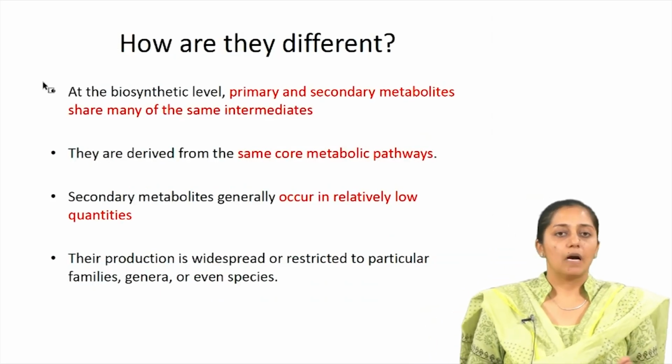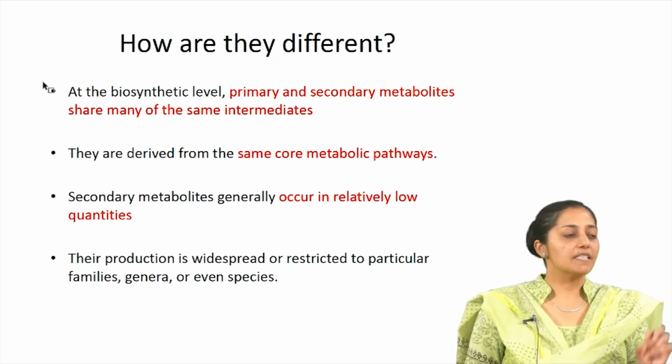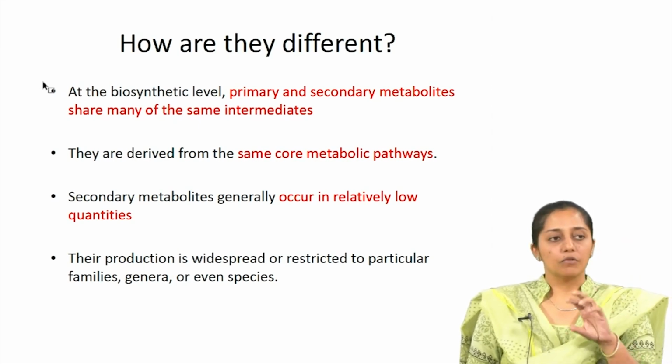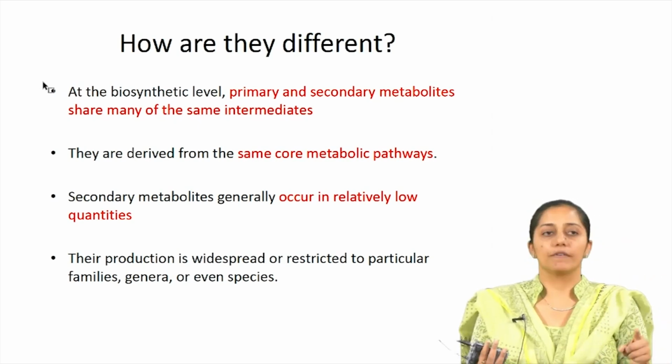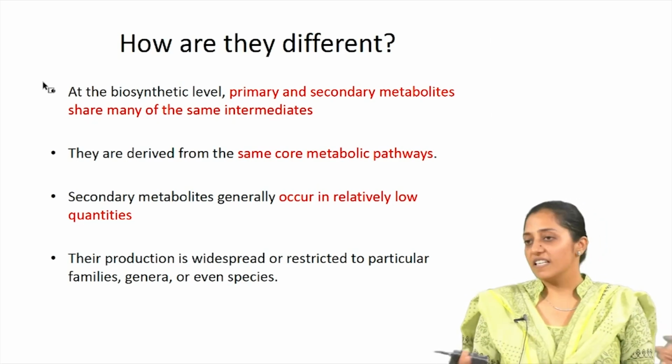Okay. So, how are they different? At the biosynthetic level, primary and secondary metabolites generally have common pathways. What pathways in primary metabolism do we know about? Pentose phosphate pathway, glycolytic pathway, then TCA cycle.